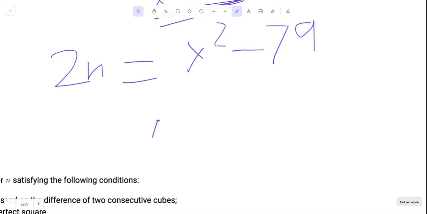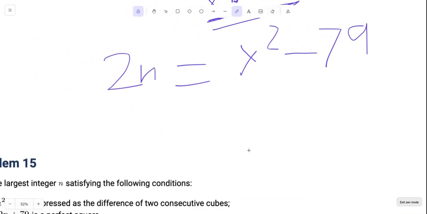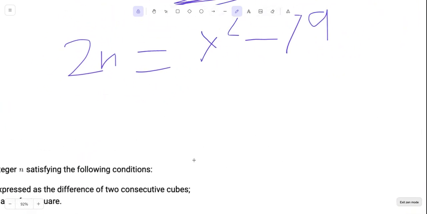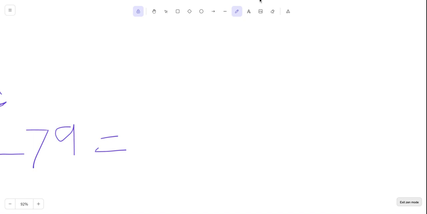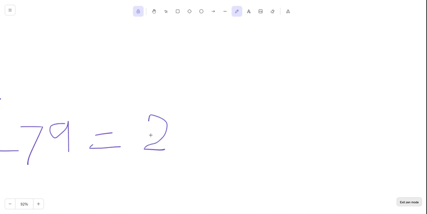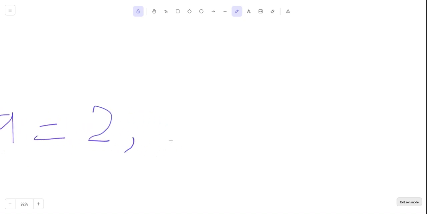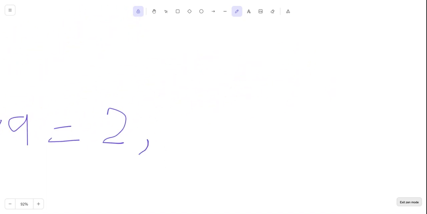So that would give us n equals, first of all, okay, it can equal 2. 121 minus 79 would give us 42. And then 13 squared minus 79 would be 90.